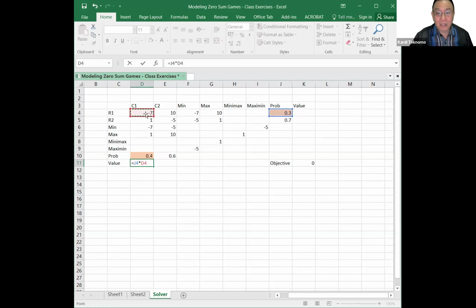The second probability, the R2 probability, multiply by R2C1 probability. Can you see? Yes. That one is supposed to be the same value.